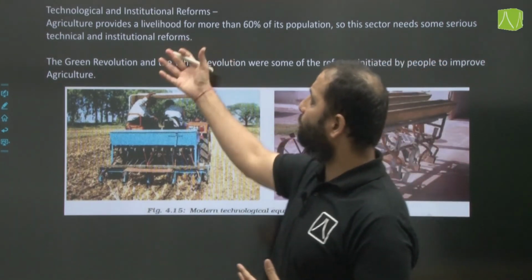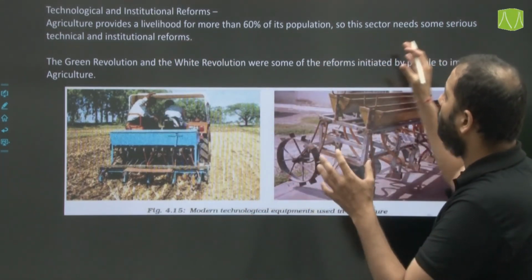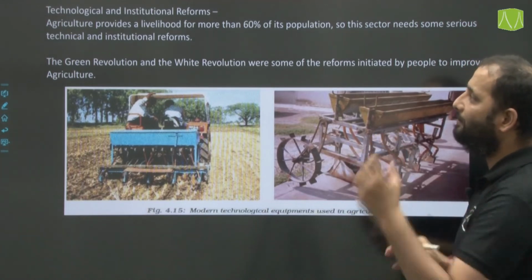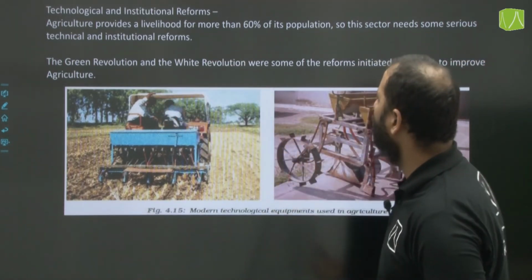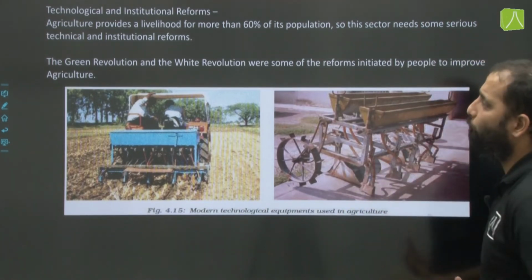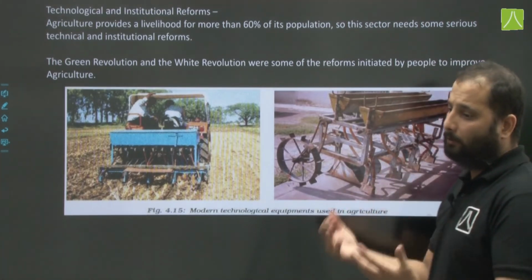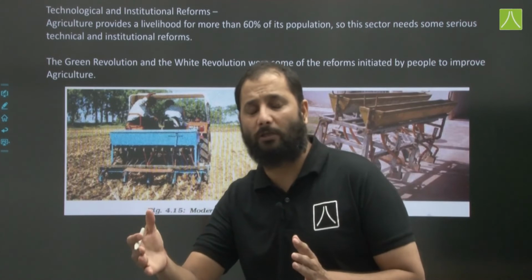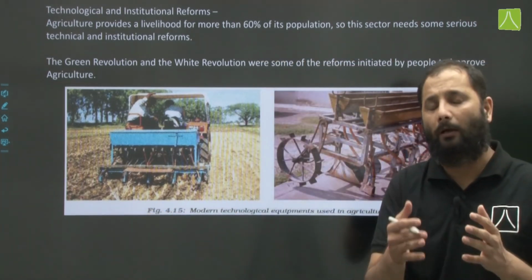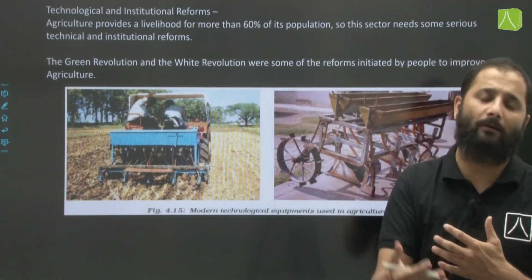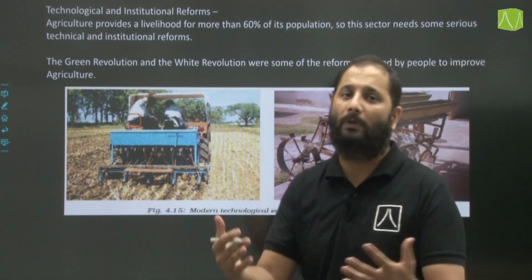Agriculture provides a livelihood for more than 60% of the population, so this sector needs serious technical and institutional reforms. The Green Revolution and the White Revolution were some of the reforms initiated to improve agriculture, as well as the Zamindari system was abolished and the Land Ceiling Act was introduced.